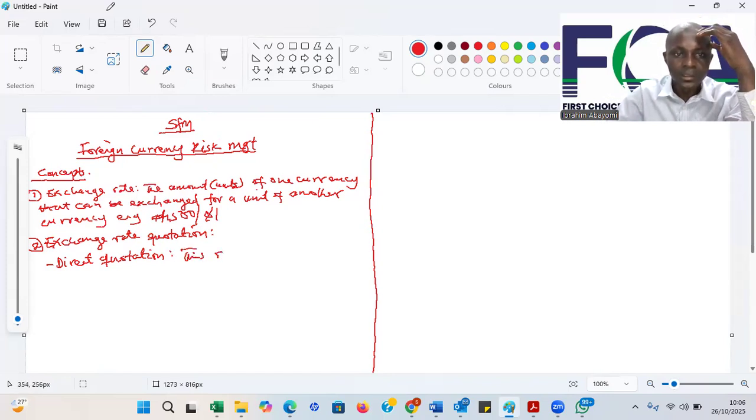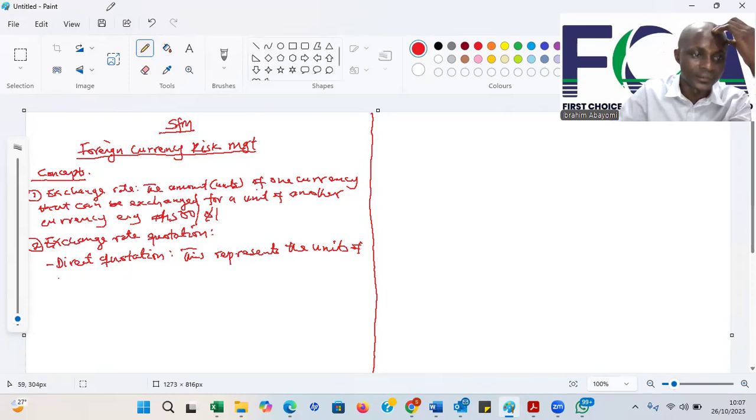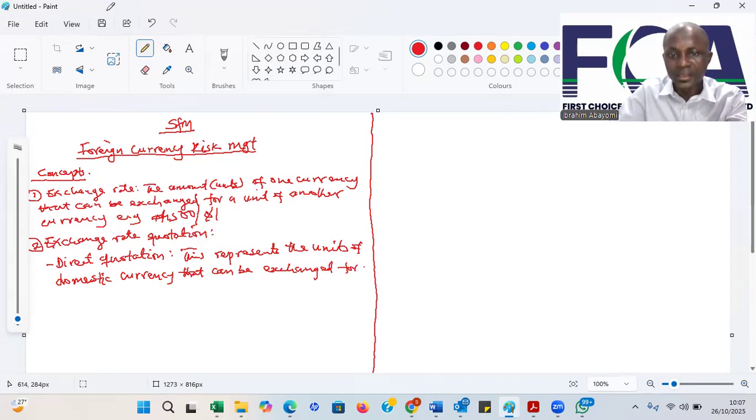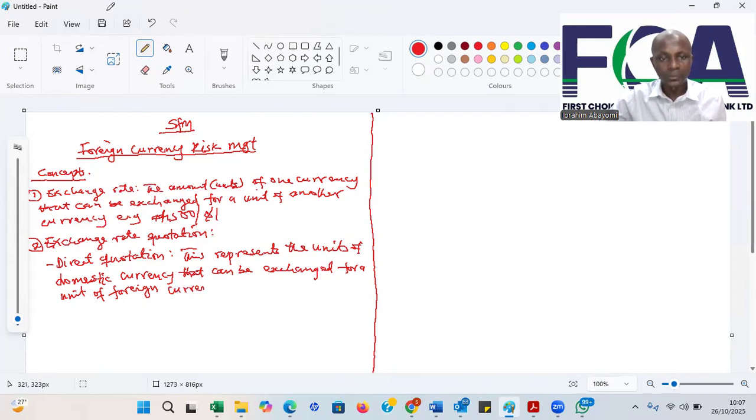This represents the units of domestic currency that can be exchanged for a unit of foreign currency.